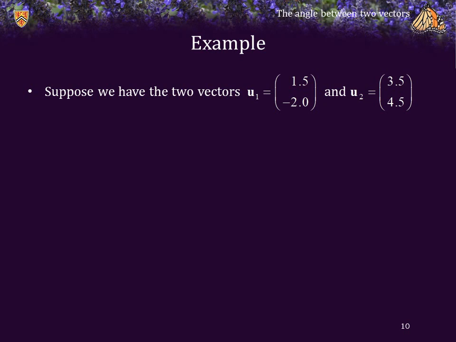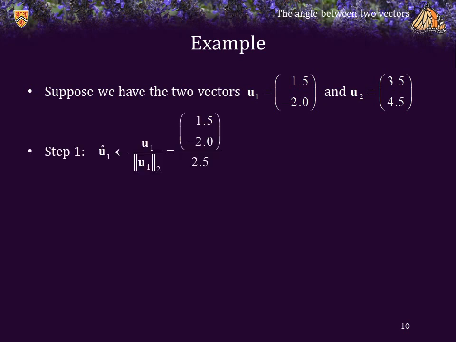So let us apply the Gram-Schmidt algorithm to create two vectors u1 cap and u2 cap, both of which are normalized and orthogonal to each other, and they contain all the information of these two vectors.